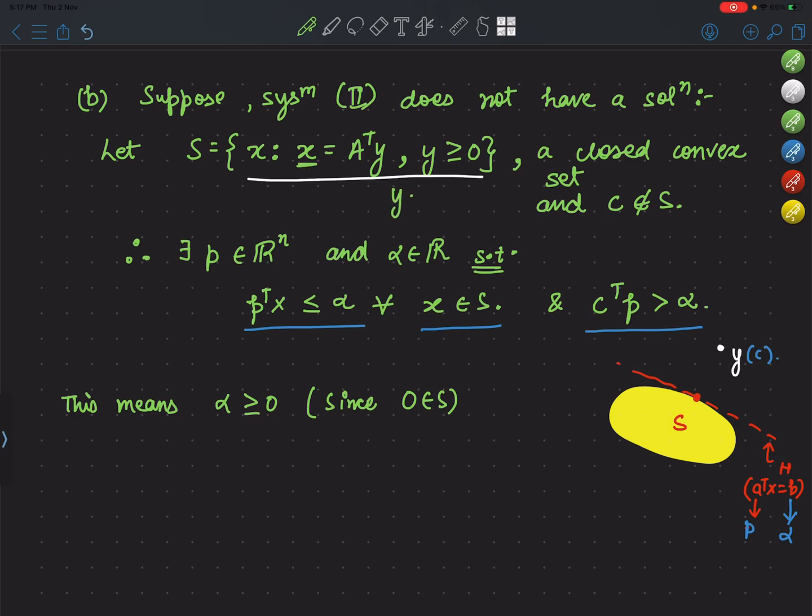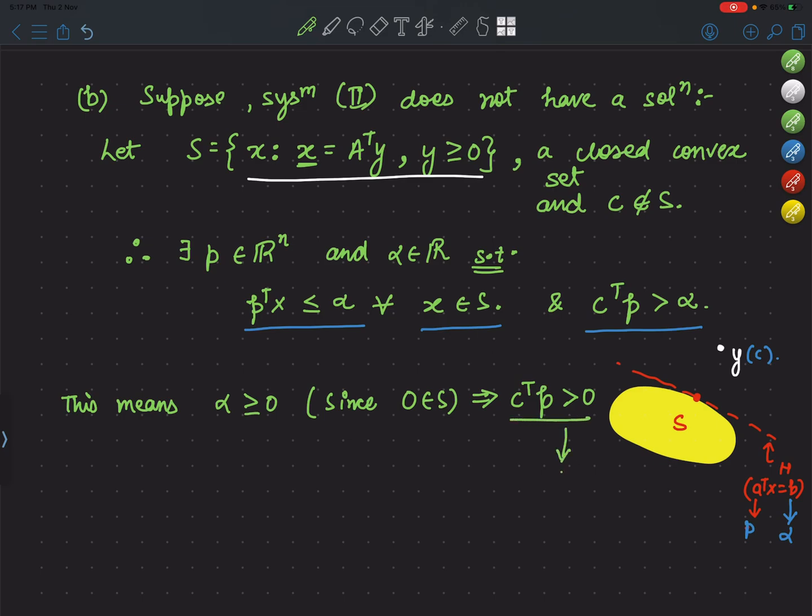If Y equals 0, then X is 0. So basically that means that 0 belongs to set S, which means C transpose P is greater than 0. So alpha is greater than or equal to 0, and alpha can be 0 as well, which means C transpose P is greater than 0.